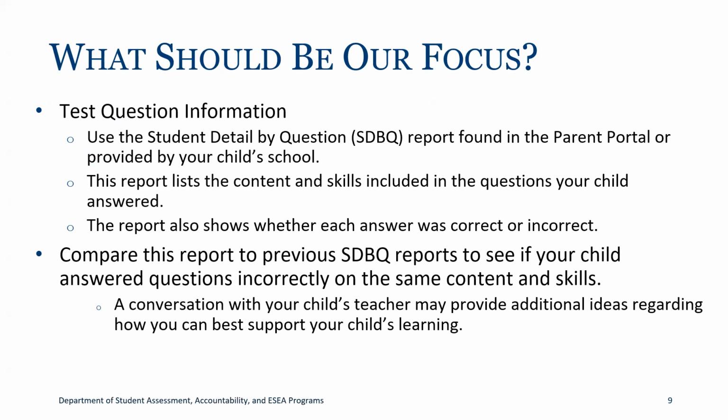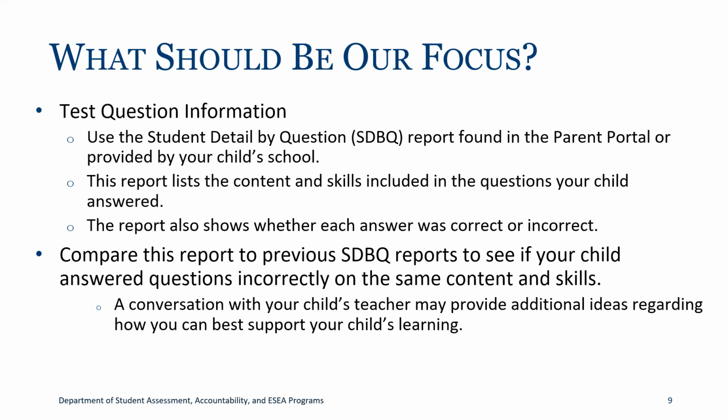The test information is the most helpful information for you and for your child's teacher. This is provided in the Student Detail by Question (SDBQ) report. You can find this report in the parent portal, or you may receive it from your child's school. This report lists all of the content and skills included in each test question your child answered on the SOL test.